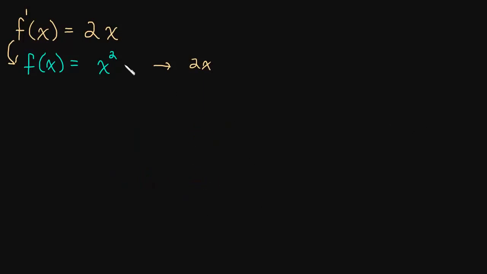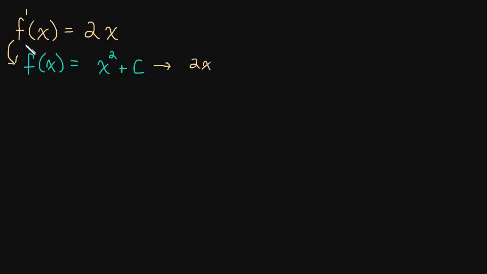So all we're going to say is plus c, plus some constant. When we take the derivative, that constant goes away, and the derivative will be 2x. Also, notice the constant could be 0. You could be adding 0, in which case we would just have x squared.